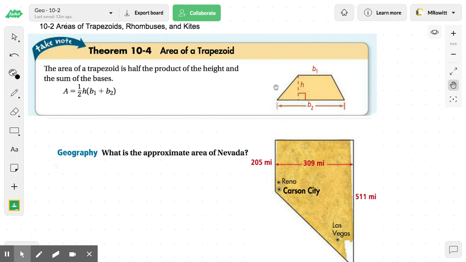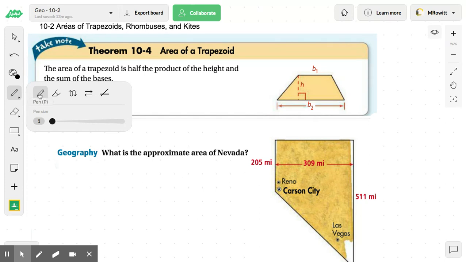The height is like the width of the overall shape. It can be given to you outside the shape as well, but it is that overall height, not like this slant height over here, that's not what I need. I need that overall height that meets in a 90-degree intersection with the two sides.